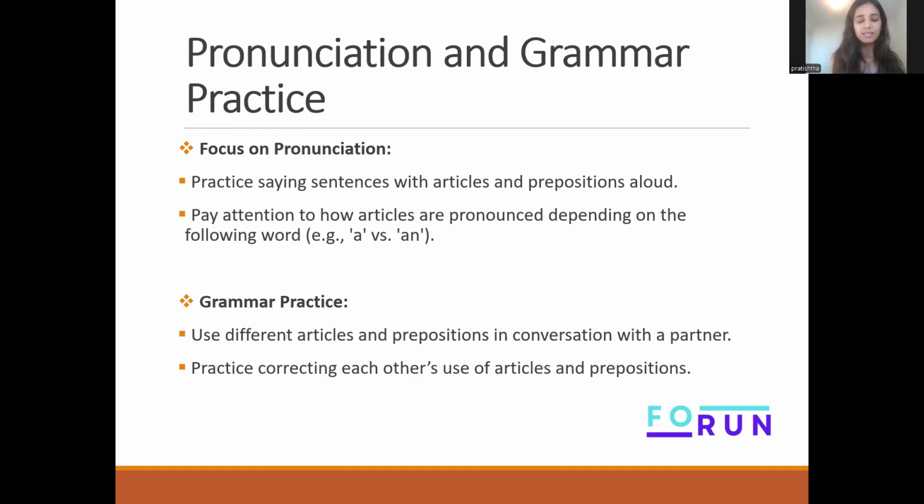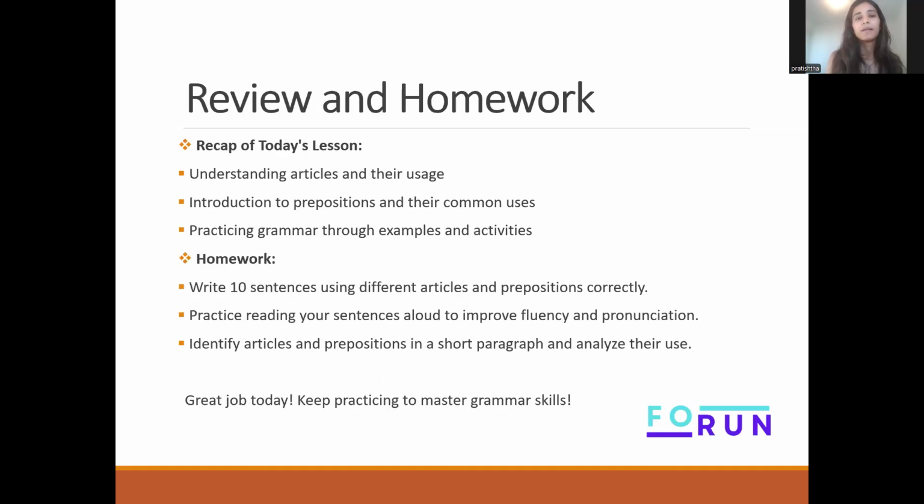Try to see which word will use a, which word will use an, which word can use the. Even in your general life situations, try to focus on what you have used and why. The more questions like this you ask yourself, the better you will be at grasping the understanding and knowledge.